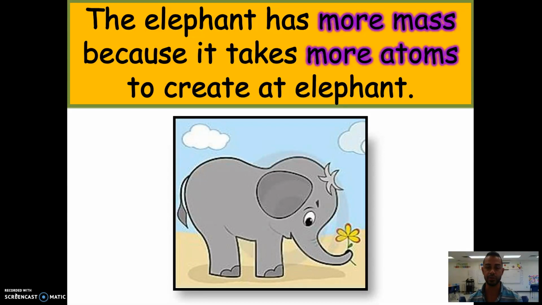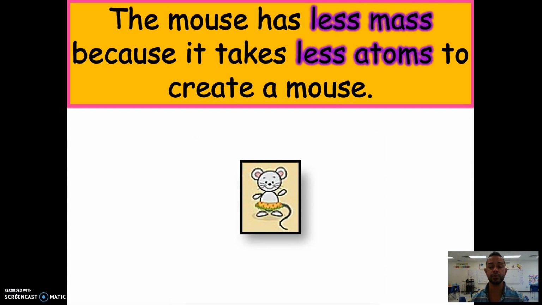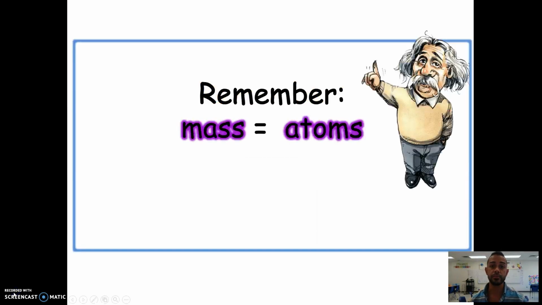The pencil, right? So the pencil has less mass. It's the same thing with the mouse. The mouse obviously is smaller, so we need less mass or less atoms to create the mouse. So if we compare the elephant and the mouse, obviously the elephant has more mass. So remember, mass is the amount of atoms that something has, or mass is the amount of matter that something has.